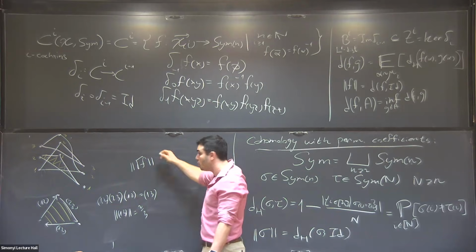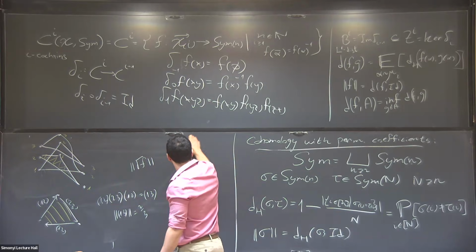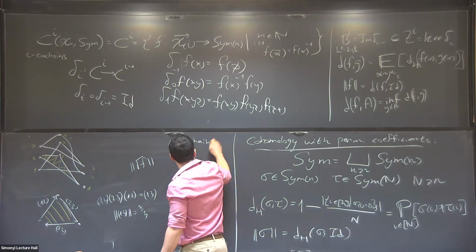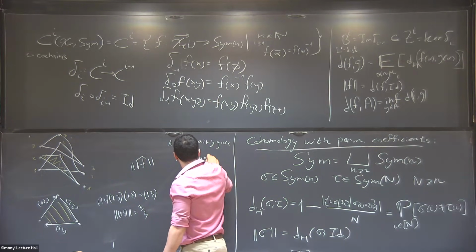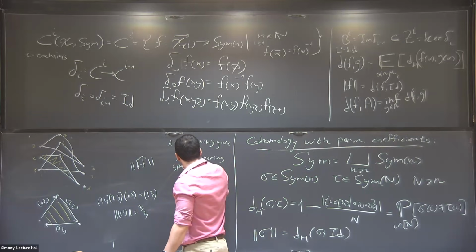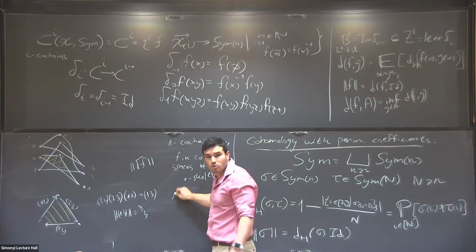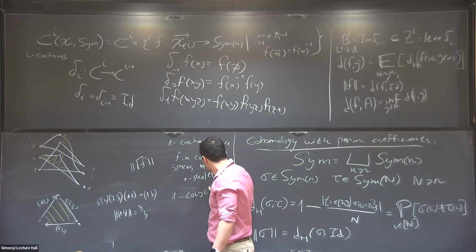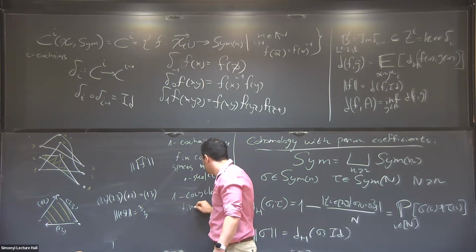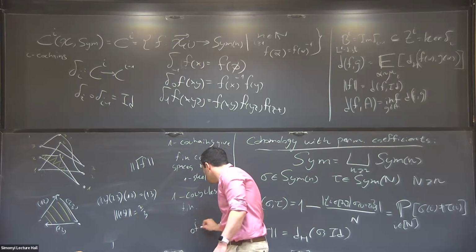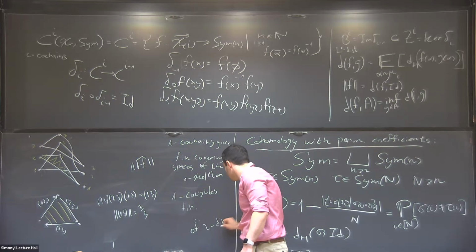And what we saw now is that one cochains give finite covering spaces of the one skeleton, while one cocycles give finite covering spaces of the two-dimensional simplicial complex.